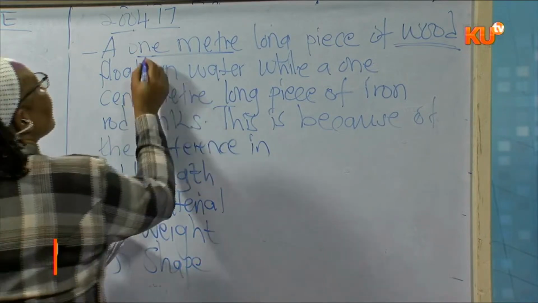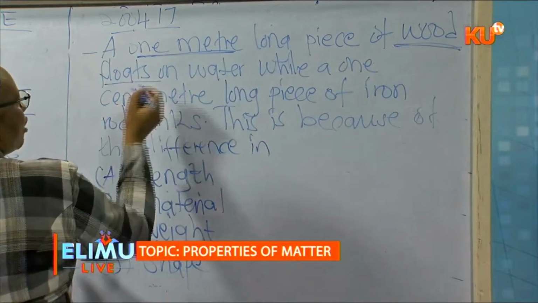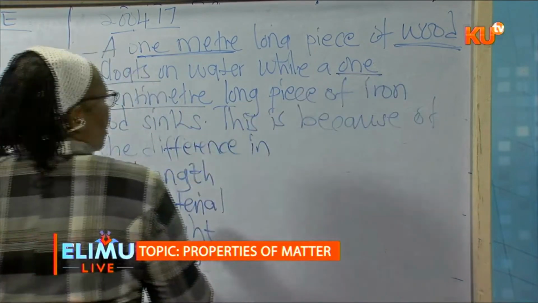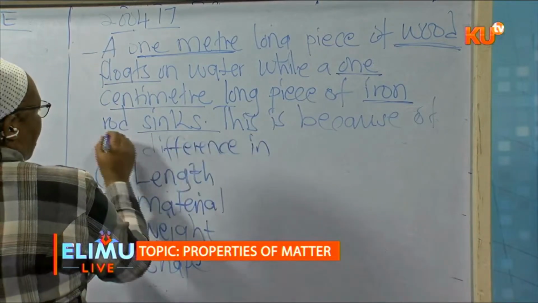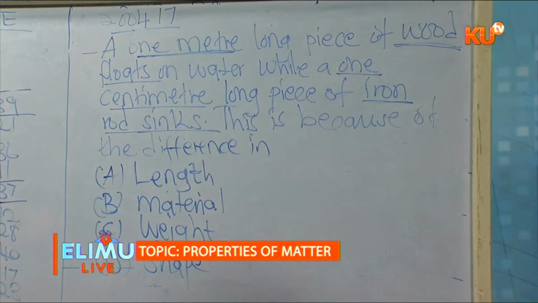So a 1 meter piece of wood floats, and a 1 centimeter long piece of iron, the material here is iron, will sink. The iron rod sinks. The 1 meter long piece of wood is longer than the 1 centimeter piece of iron, and yet the piece of iron will sink.